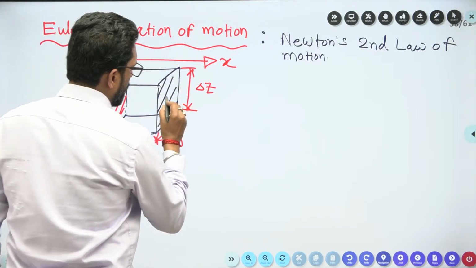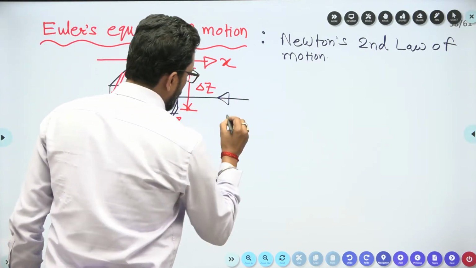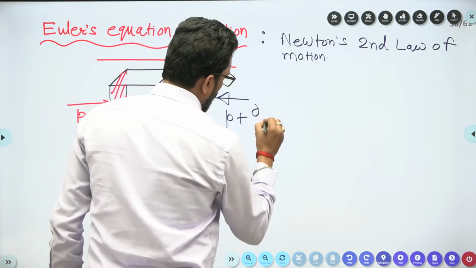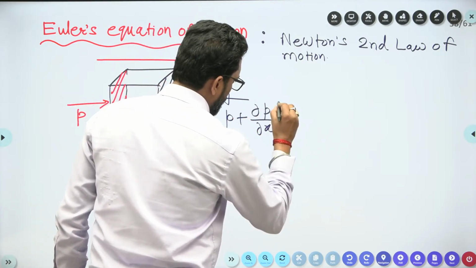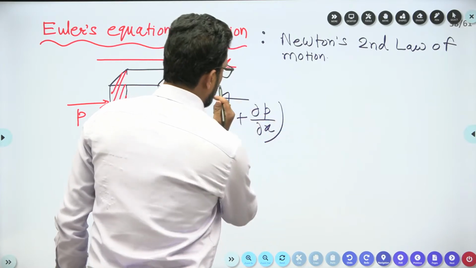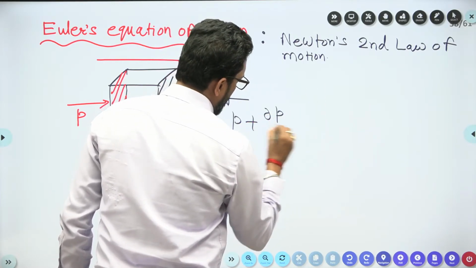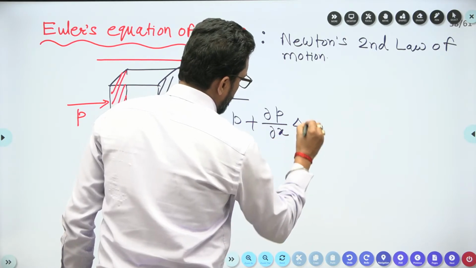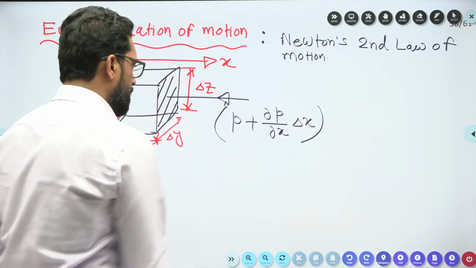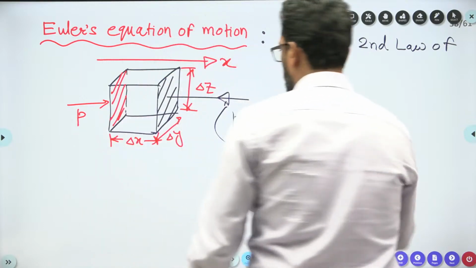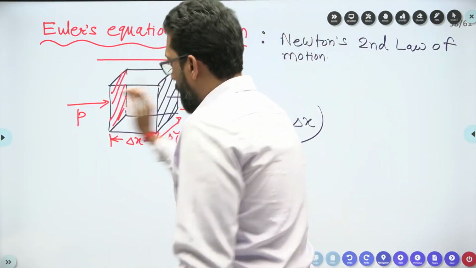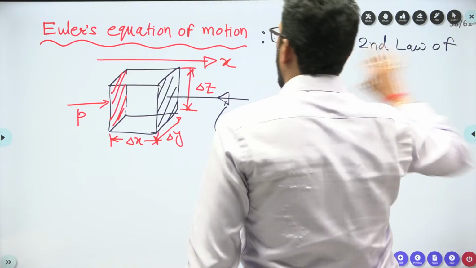According to Taylor's series, P plus dou P by dou x into delta x. This is the pressure. Now we balance the forces for motion along the x-axis.